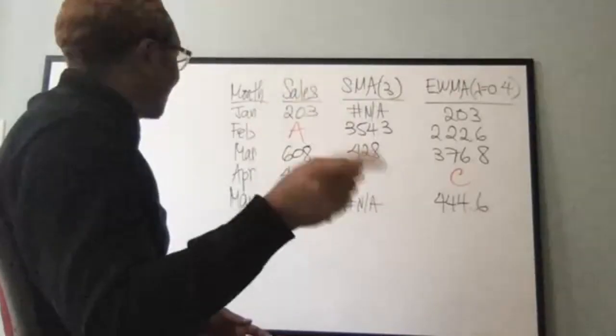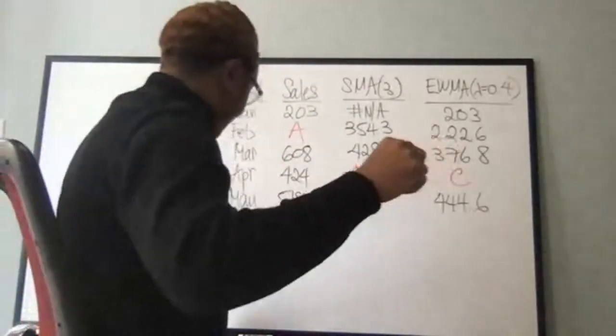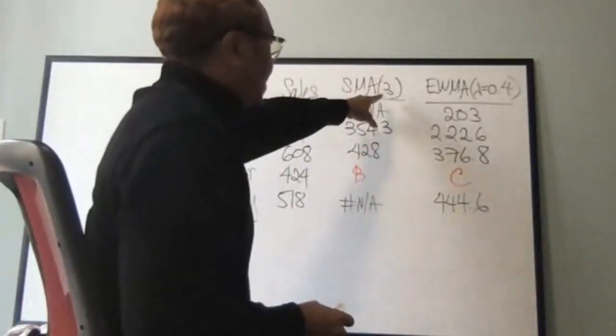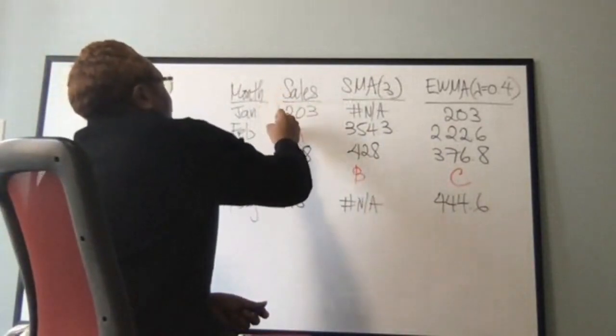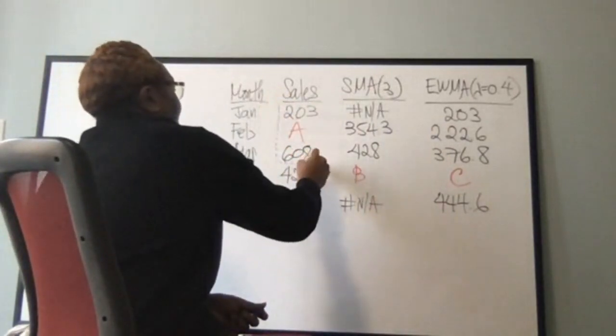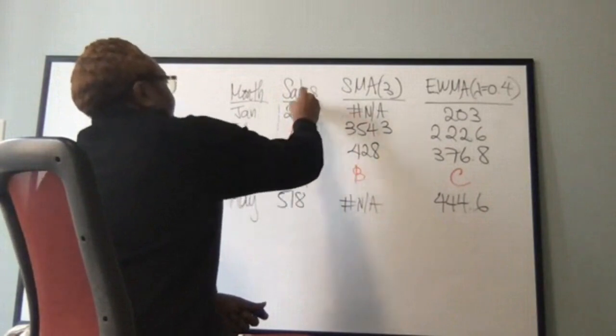Professor, could you set up an equation where you would do 203 plus A plus 608 and then work backwards to find it, based on how we know the answer would be 354.3? There you go. But see, watch this. If that's an SMA3, then isn't it true that the first three values I would have to look at would be these values right here?